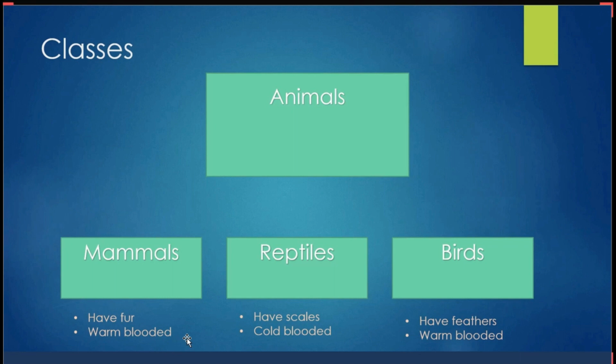Now, contrast that with reptiles. They have scales and are cold blooded. So, just because mammals and reptiles are animals doesn't mean that they are the same in all respects. And birds, for example, are covered with feathers and they too are warm blooded. So, mammals and birds share the same feature of being warm blooded, but they still have other differences.